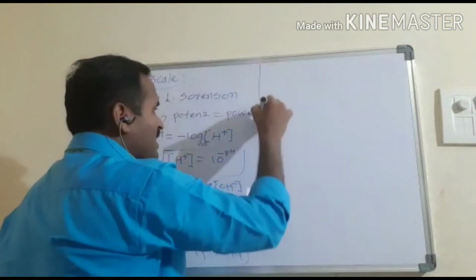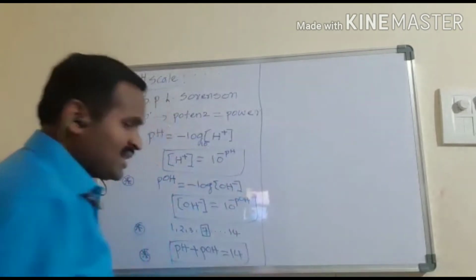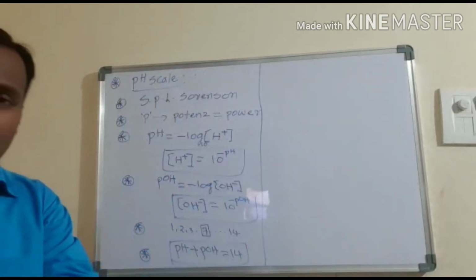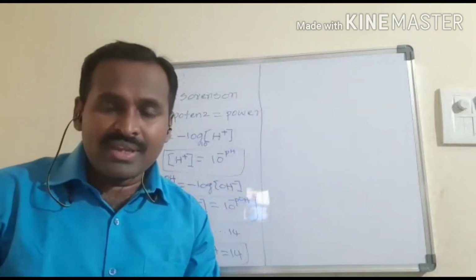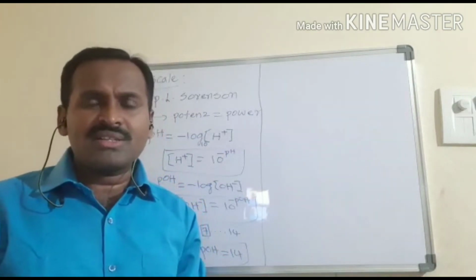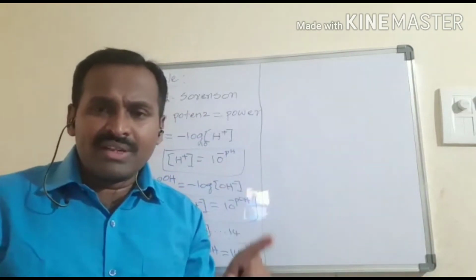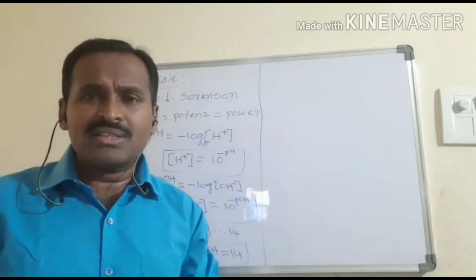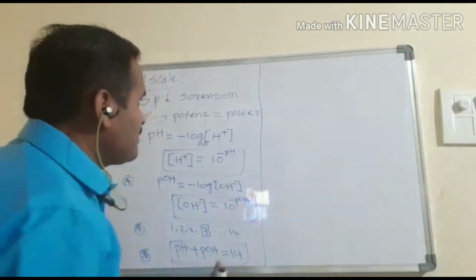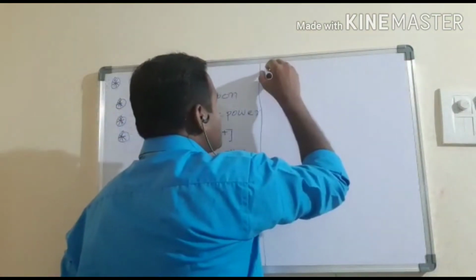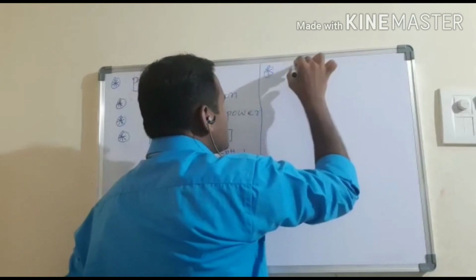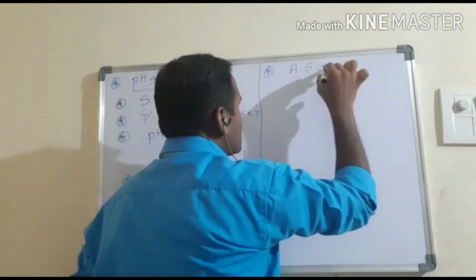In the same way, Ka and Kb are the dissociation constants. Ka is the dissociation constant of an acid, whereas Kb is the dissociation constant of a base.